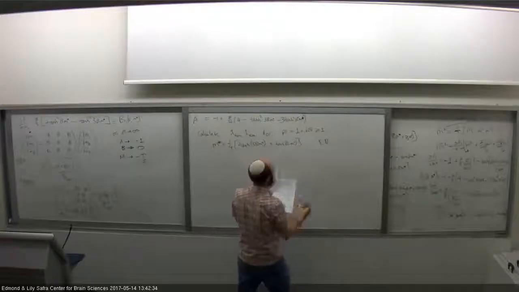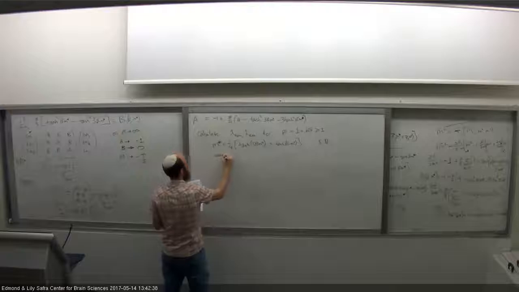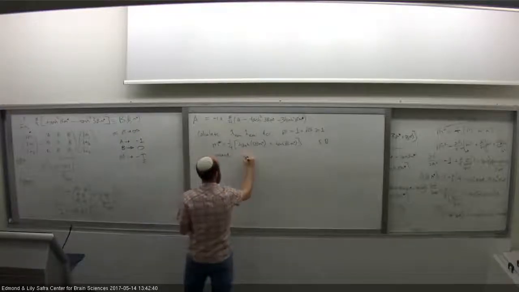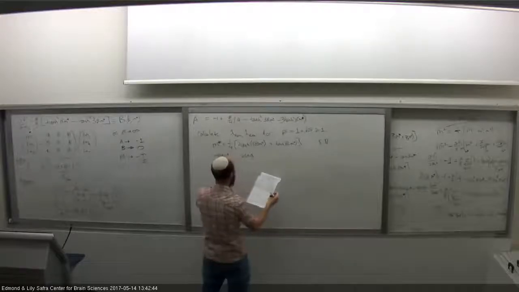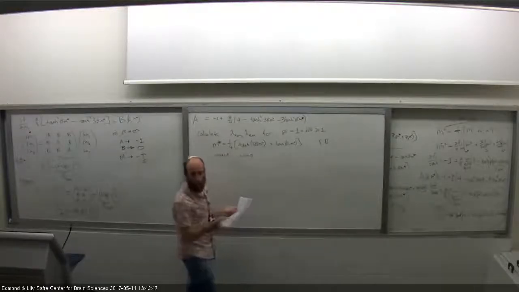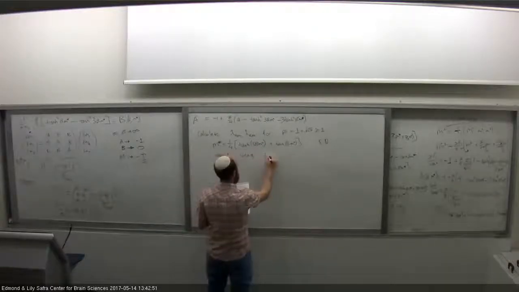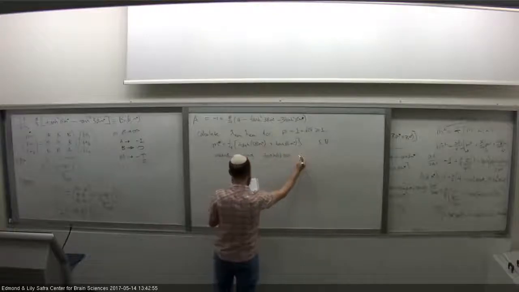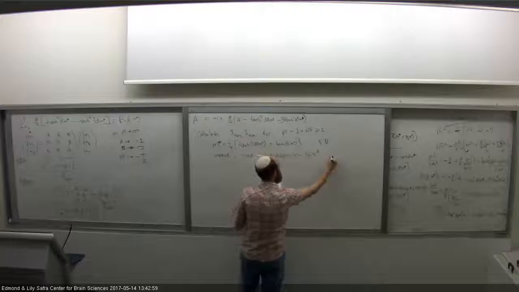We'll expand this using the expansion of tanh for small values, because we know m star is close to 0. The expansion of tanh x for small x is x minus 1/3 x cubed.